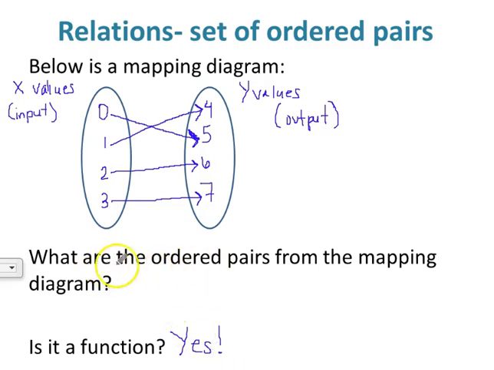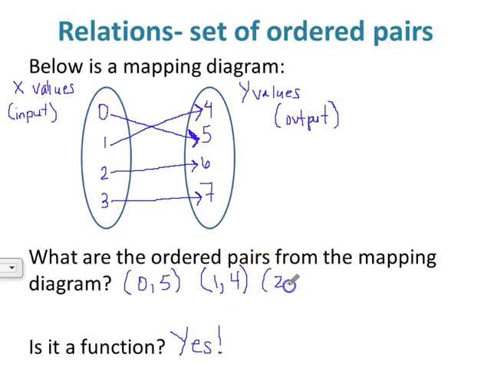And then we can also go from the mappings and create some ordered pairs. So remember, this oval over here is our input or x values. So an ordered pair would be 0, and then the corresponding y value would be 5. And we could keep going like this. The x value right here is 1, and it links up with the y value of 4.